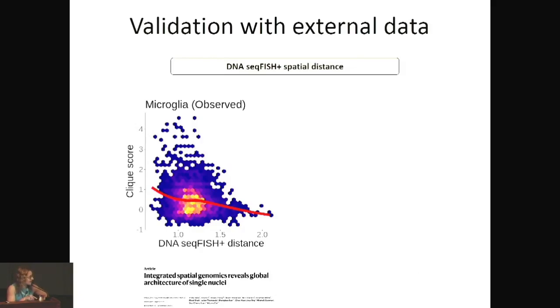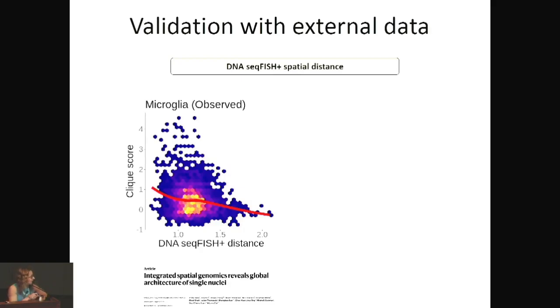This is again, a lot of this is coming from the 4D Nucleome. It's a little bit like spatial transcriptomics, but for chromatin and 3D structure. Essentially, you can profile the location of individual loci within a cell, and then you can calculate the spatial distance.